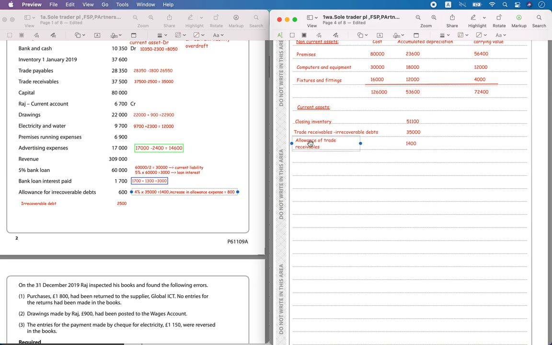Sorry about that, I have written allowance for trade receivables. It's allowance for irrecoverable debts, less. I have to subtract that. But it's not allowance for trade receivables, it's allowance for irrecoverable debts. Okay.